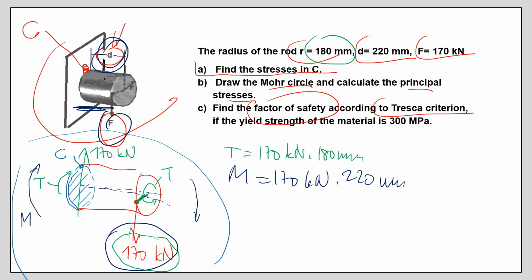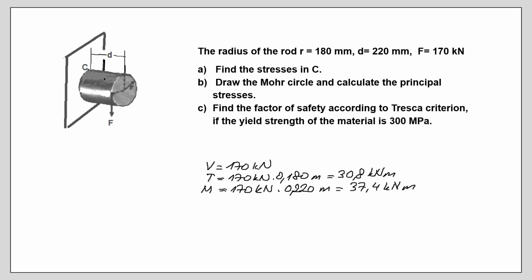So there is no force perpendicular to the section, so no normal forces. So I can write easily that the internal forces acting are a shear, a torque, and the bending.